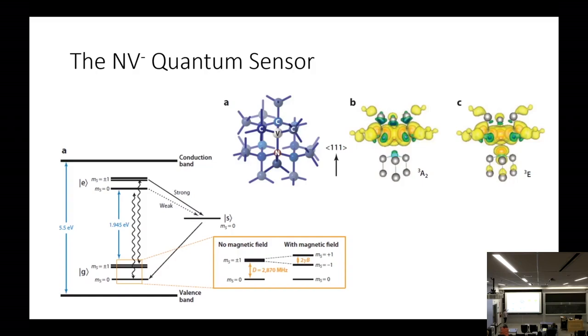But what's special about diamond is the details of the electronic structure. Man, I don't have quite enough time to get into it, but I'll just label these things a little bit more than they are. This is a figure from the paper I suggested you read, the review on nitrogen vacancies as sensors.